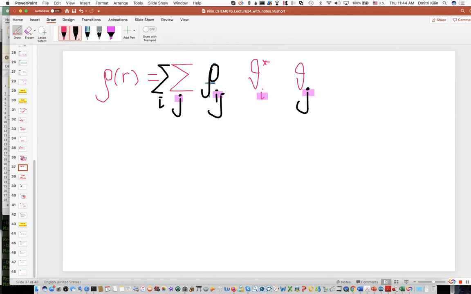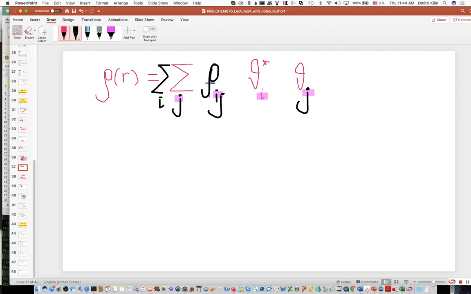Raju? Can we use it as a bracket function? Please repeat. Bracket function, in a bracket function there should be the same orbitals, right?